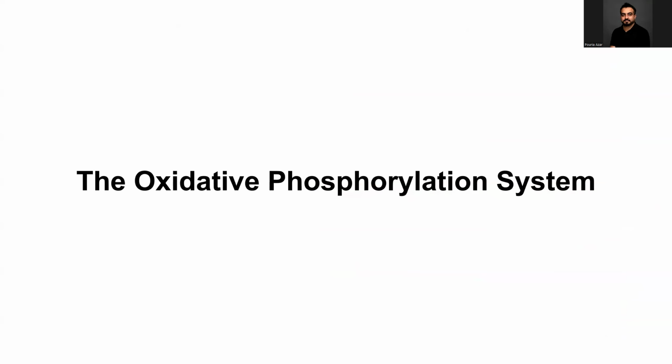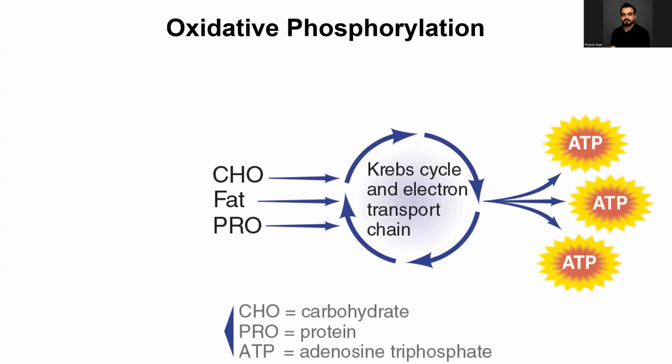And let's talk about the third and our last major energy system. It is the oxidative phosphorylation system. So far we talked about two energy systems. The first one was creatine phosphate, in which we use creatine. The second one was the anaerobic glycolysis system, and the starter molecule was glucose or glycogen, which are carbohydrates.